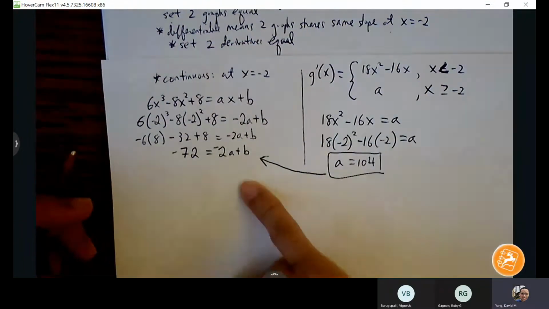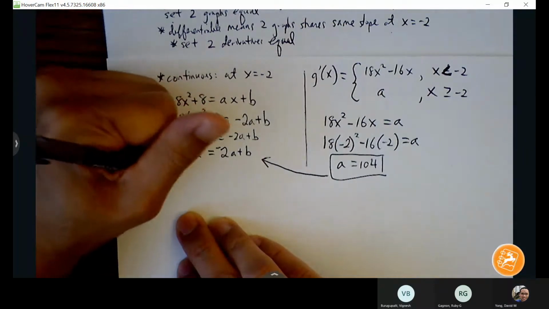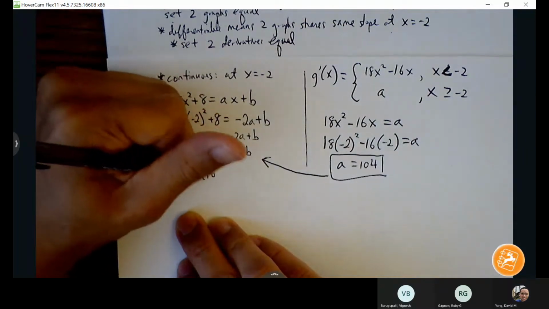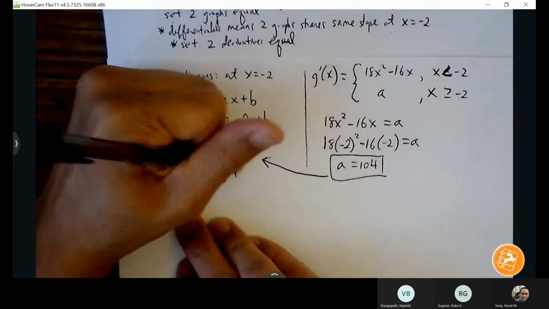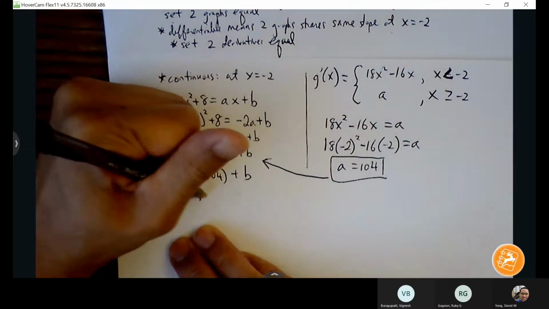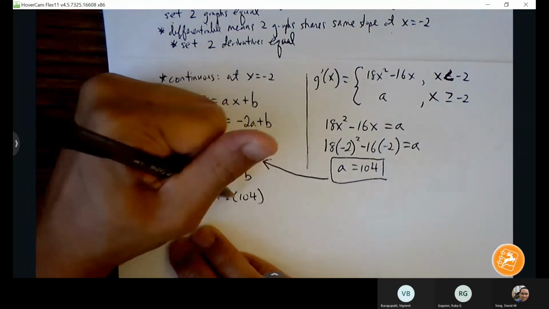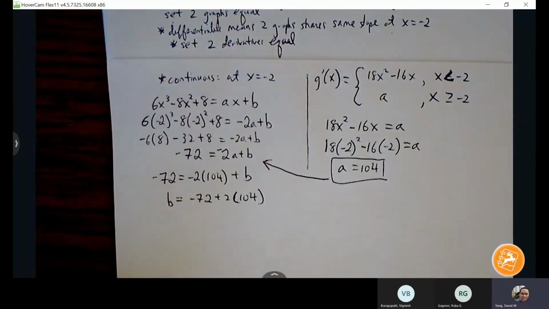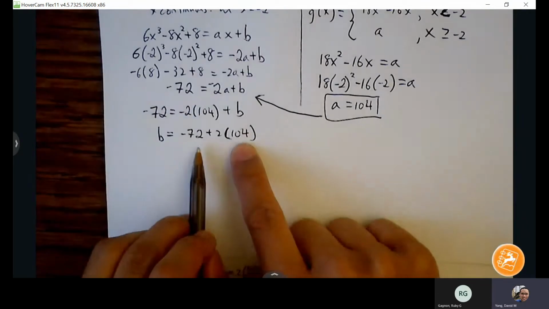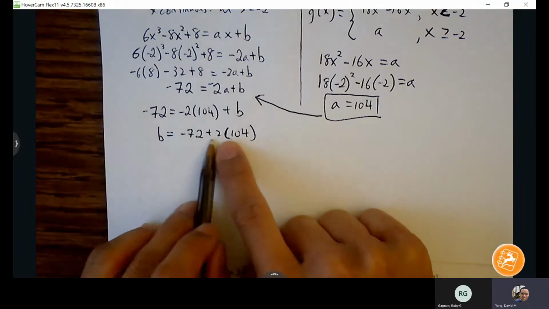And now you have your A value, you can plug in to find your B. That's not difficult, but then you gotta multiply and add.